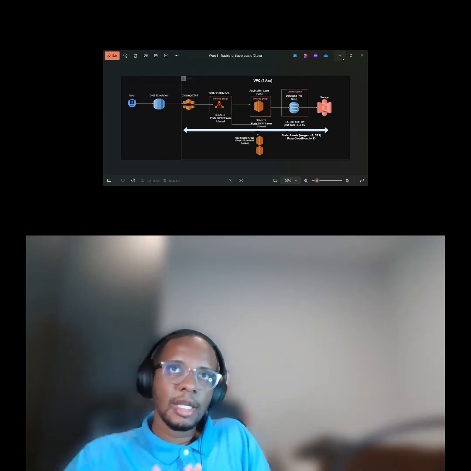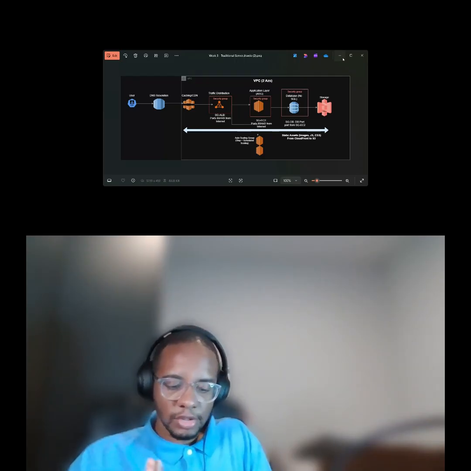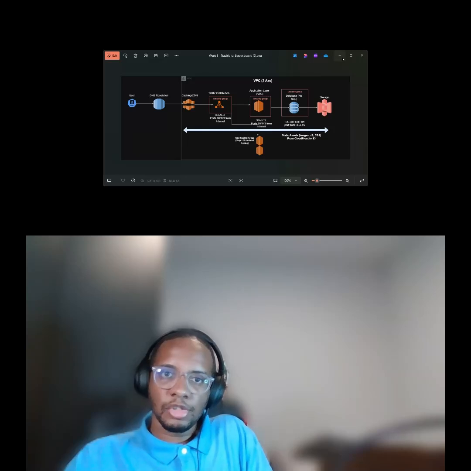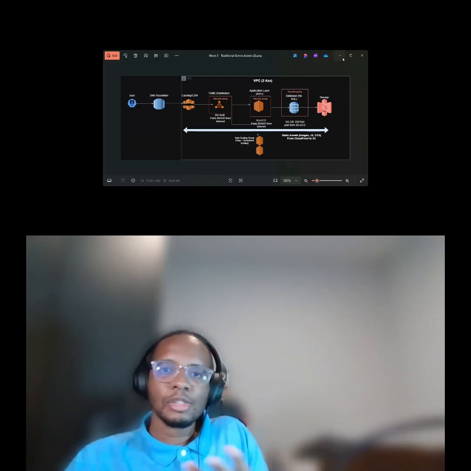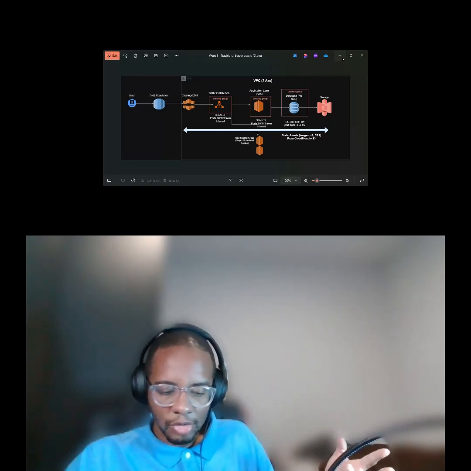So the lesson here isn't serverless versus server infrastructure. One can argue one is better than the other, and it's really dependent on the particular use case.